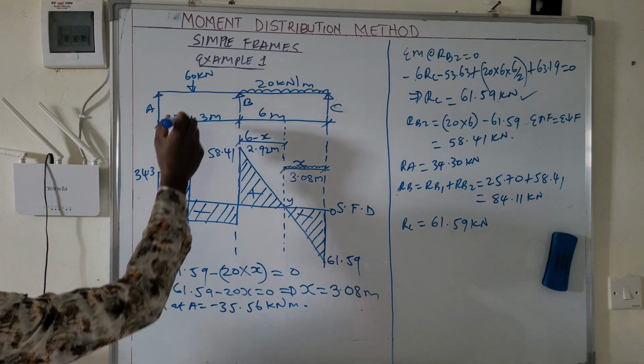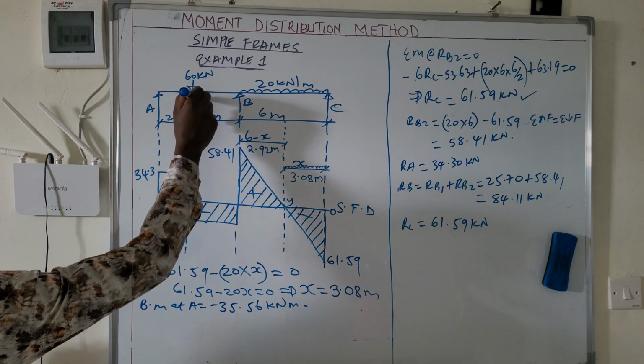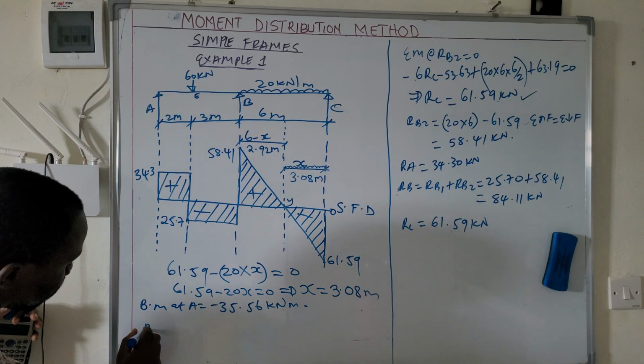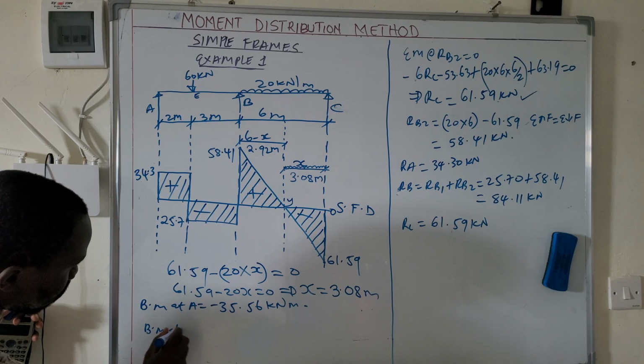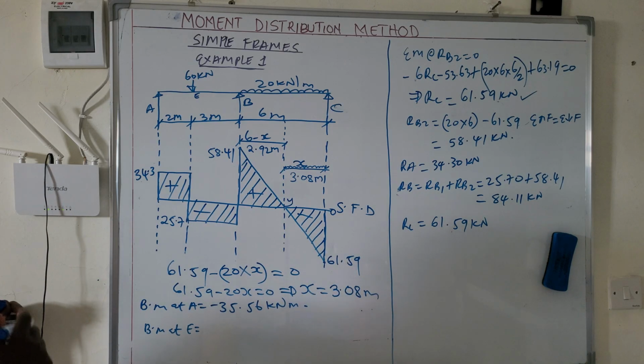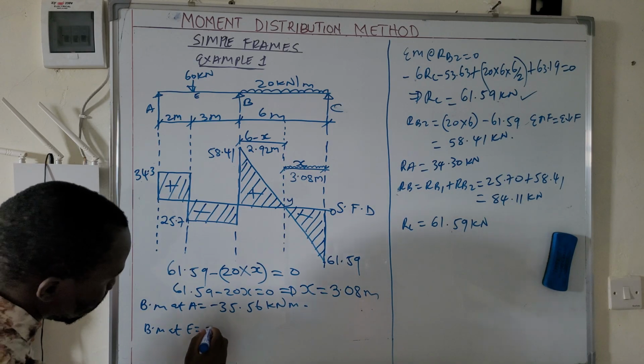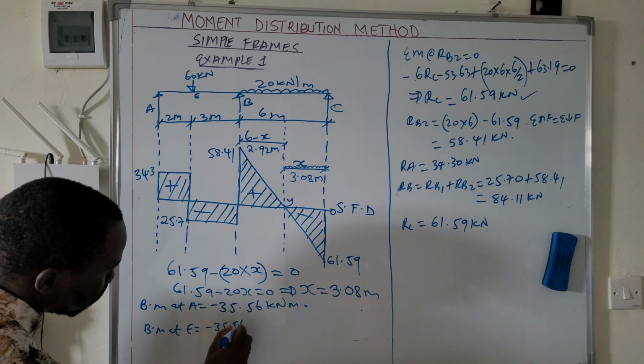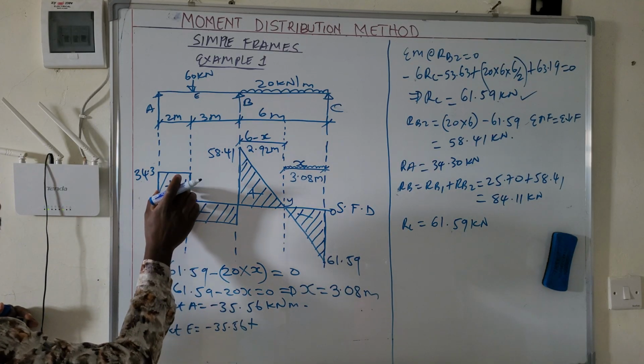Bending moment at this point, let's say E, is equal to bending moment at A, which is negative 35.56, plus the area of this one.